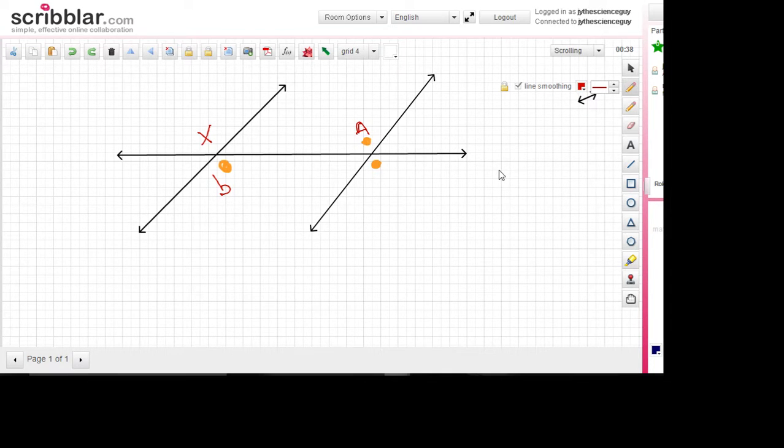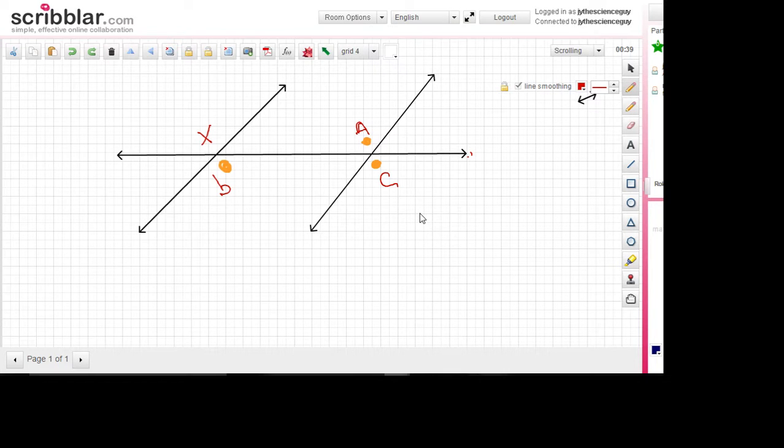A. I forgot. Alternate interior? Alternate interior, yeah. Whenever you have an alternate angle, it's always going across this line that's called the transversal, so that middle line, right? Yeah. And then C and X are alternate exterior angles.